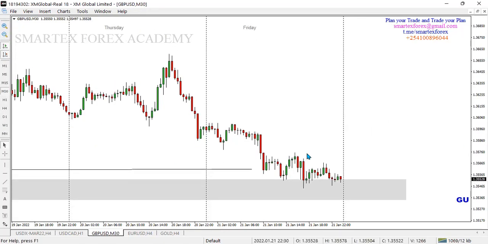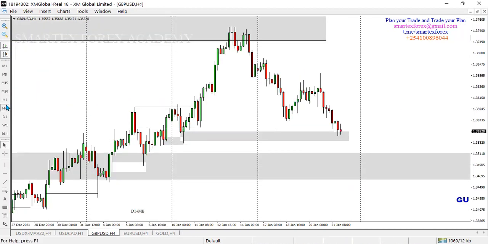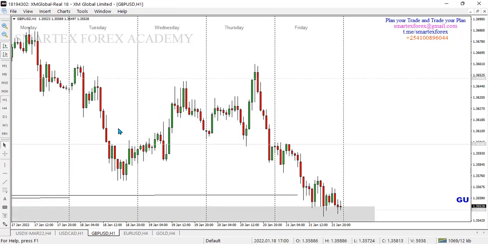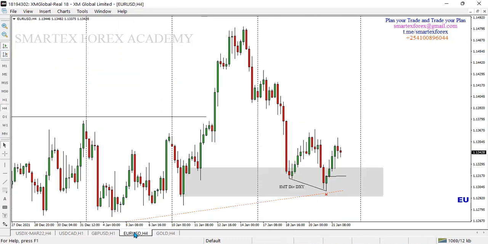But if the price takes out last week's low like this, then goes up, that's okay. So what matters is how the price is going to react from these two key zones, these ones and the other one. Also, don't forget this one too. So wait and see how the price reacts from those zones.